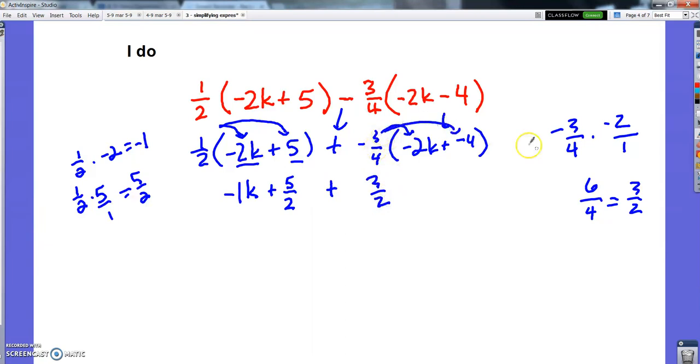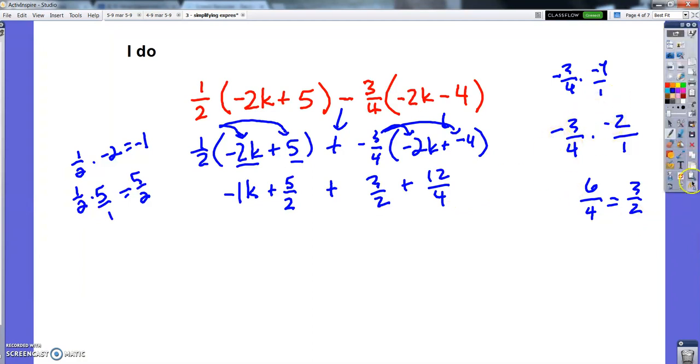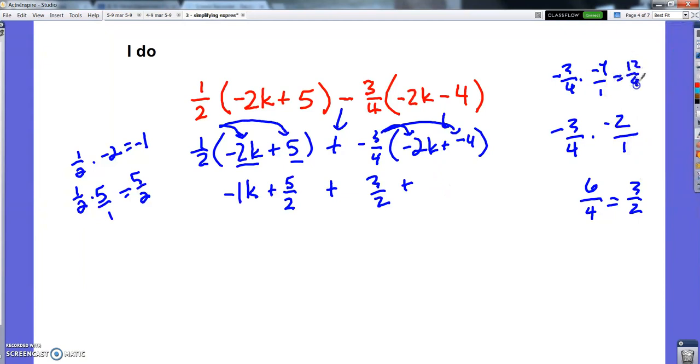And negative 3/4 times negative 4 is positive 12/4, which is 6/2, right? Or 3. And I noticed I forgot my k here, sorry. 3/4 times negative 2, that's my coefficient, but I have to have my k.